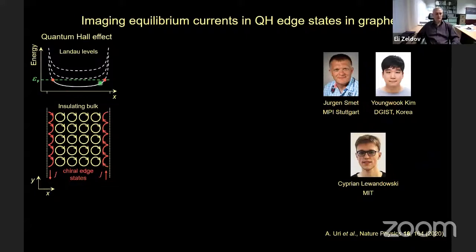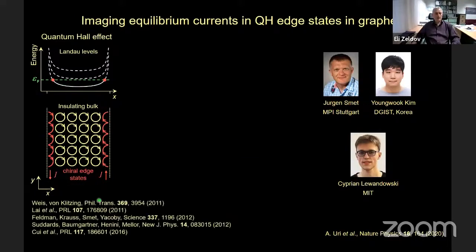In this case, we have 2 edge states, one at each edge of the sample. Over the years, there have been quite a number of works that try to image these edge states using either scanning potential techniques or microwaves. Indeed, the edge states were visualized by some of these techniques, but none of them could image currents.